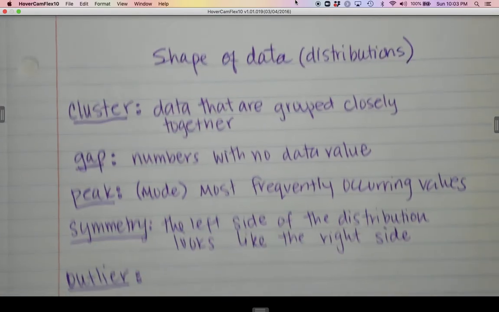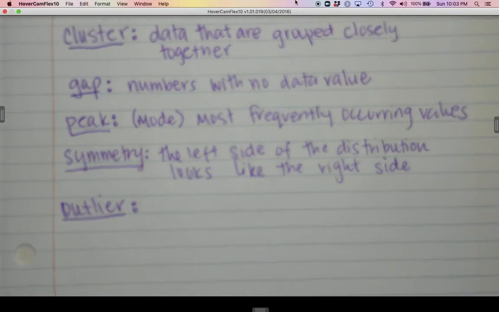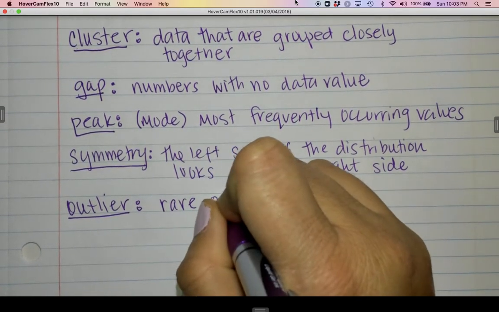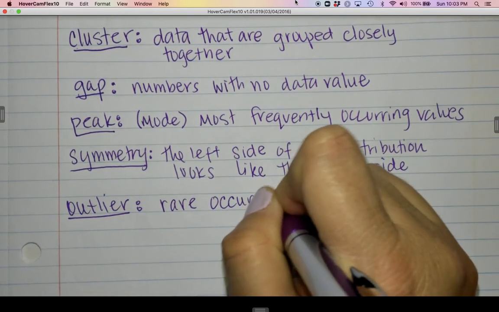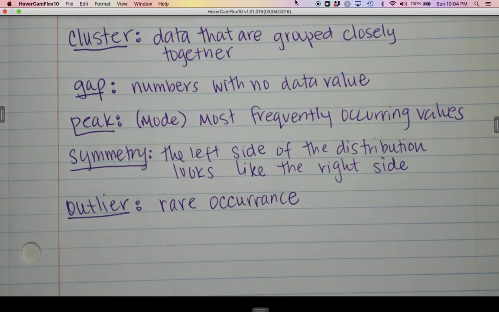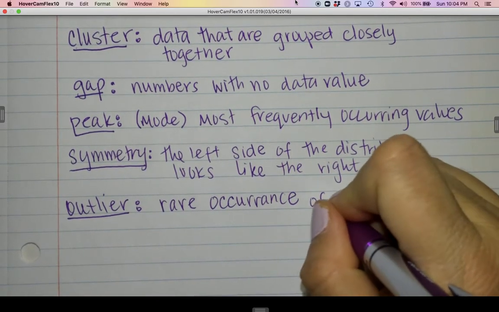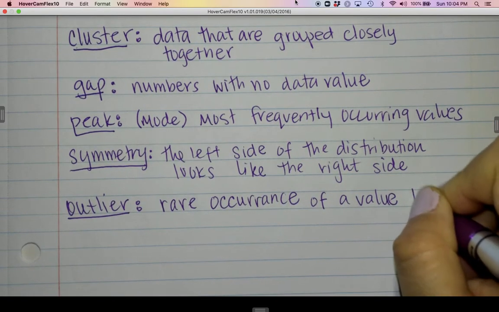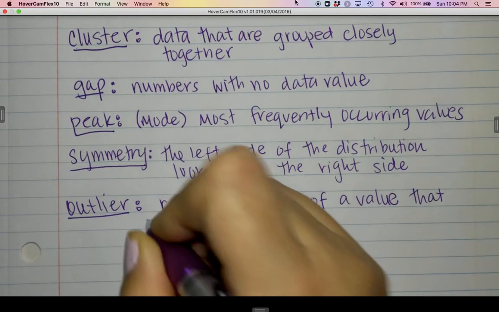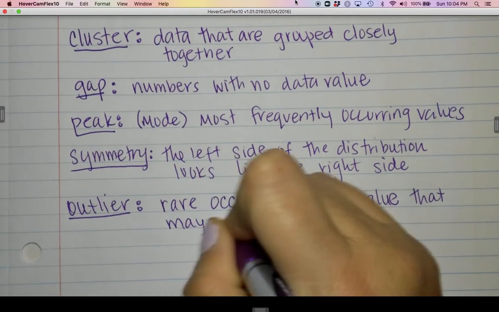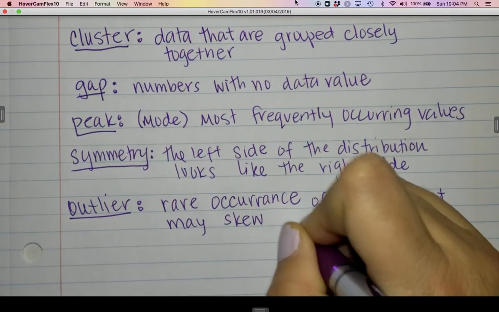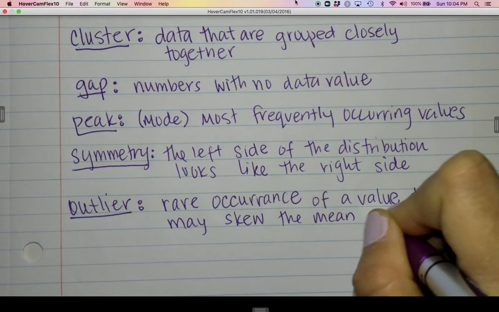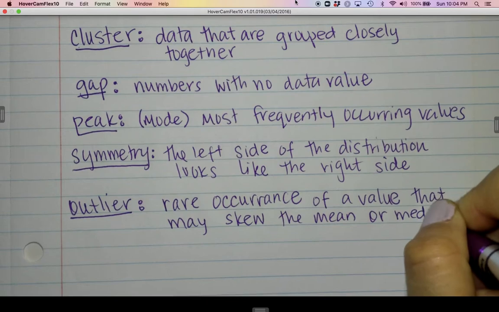An outlier is a rare occurrence, meaning it doesn't happen often, of a value that may skew the mean or median.